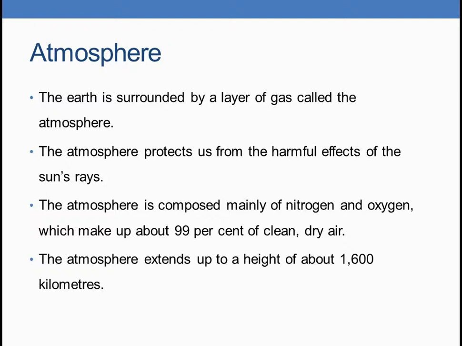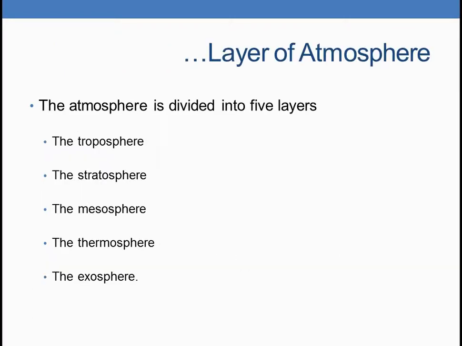The atmosphere extends up to a height of about 1600 kilometers. The layers of the atmosphere are the troposphere, the stratosphere, mesosphere, thermosphere, and exosphere. Let's see all these one by one.